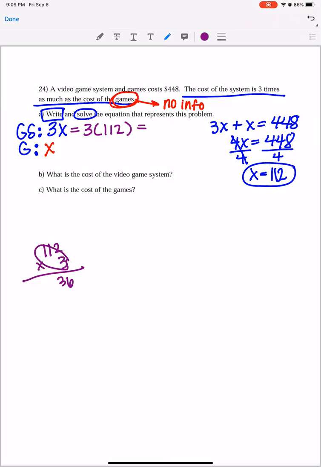And 1 times 3 is 3. So what is the cost of the video game system? That's 336. What is the cost of the games? My games is just x, and since x is 112, this just costs 112.